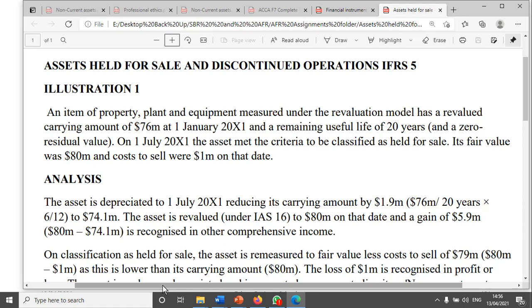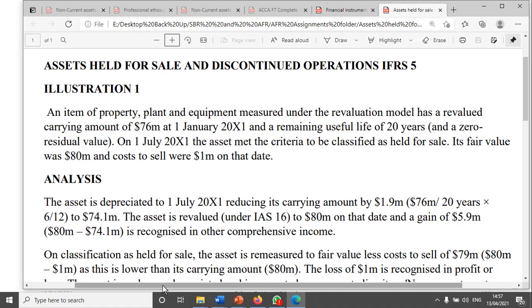Now remember that the provisions of IFRS 5 guide that when an asset is going to be sold, it is supposed to be separately recognized, and it should be measured at the lower of the carrying value or the net realizable value, or indeed fair value less cost to sell. We use those two terms many times loosely.